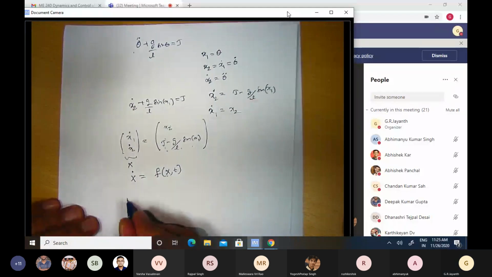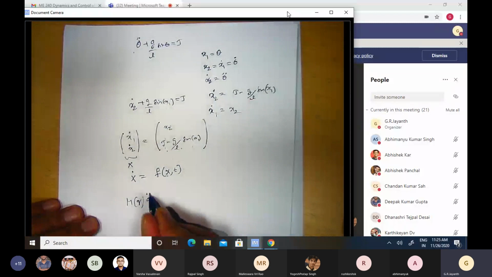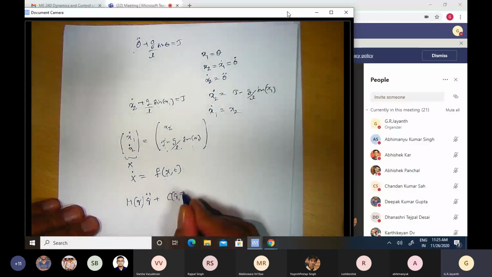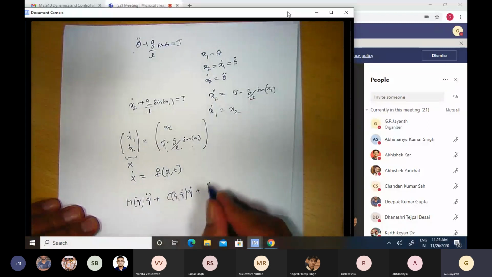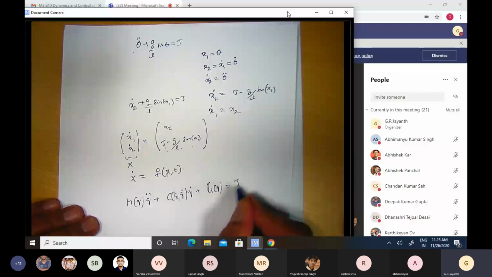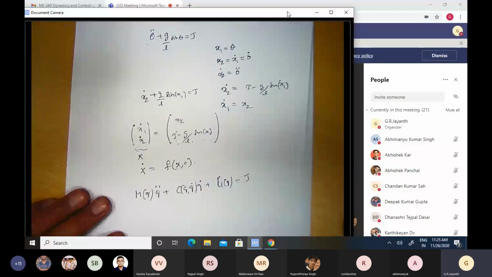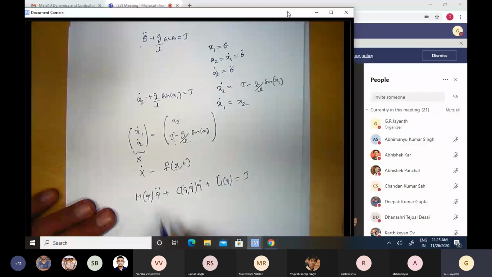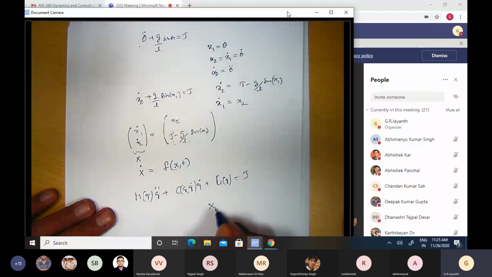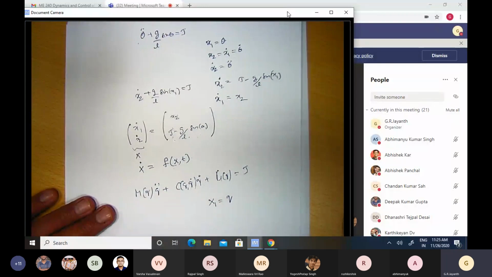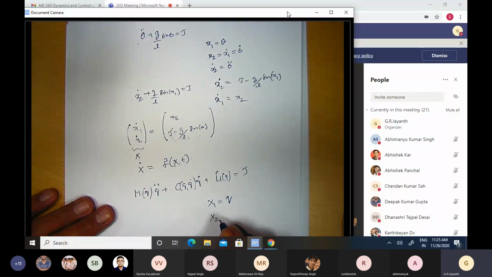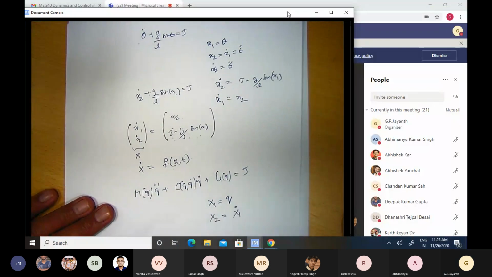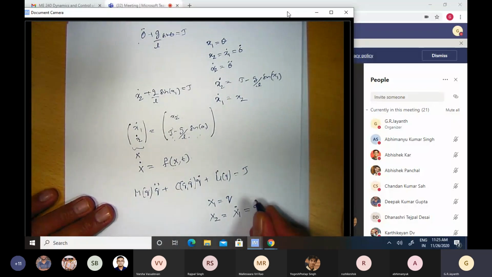I had M q double dot plus c of q comma q dot times q dot plus g of q is equal to tau. Can I do the same thing for that? To do that, we follow the same steps. We shall define x1 as the vector of generalized coordinates q, and x2 as x1 dot, which is therefore going to be equal to q dot.